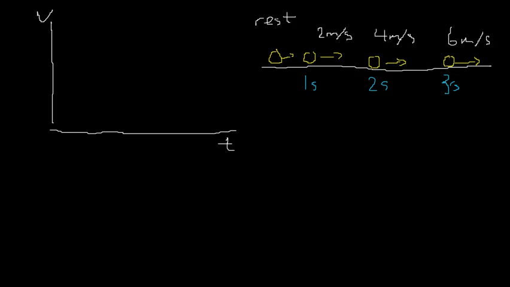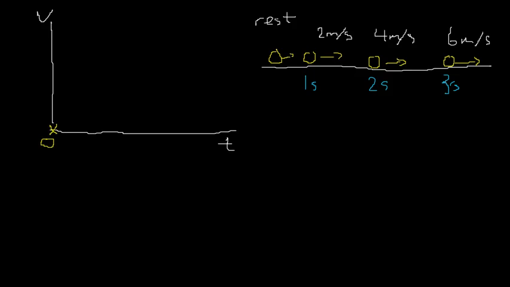So it's accelerating. So we have this simple example. And if I want to plot a graph of this, I can do that. In the beginning, at time 0, it starts from rest, so the velocity is 0 at the very start.